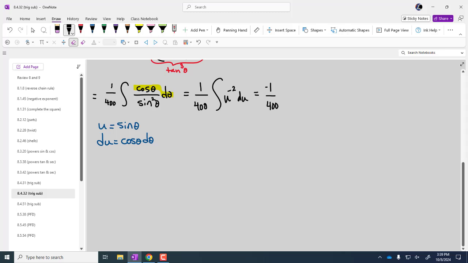So we're going to have that times 1 over u plus c. And then we have to back substitute. So we're going to have negative 1 over 400 times 1 over sine of theta, which we could write as cosecant of theta, plus c.